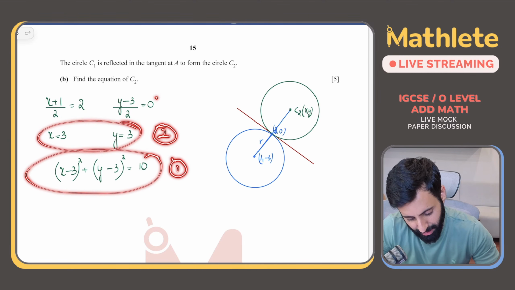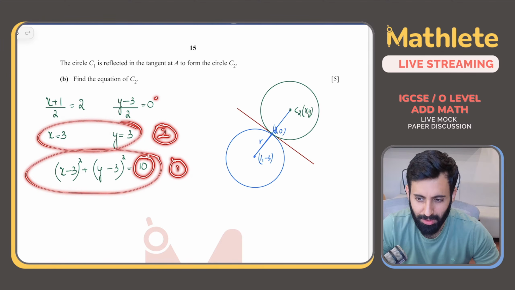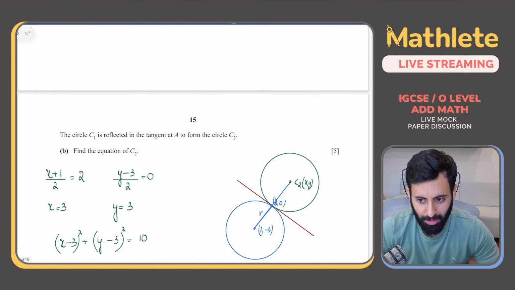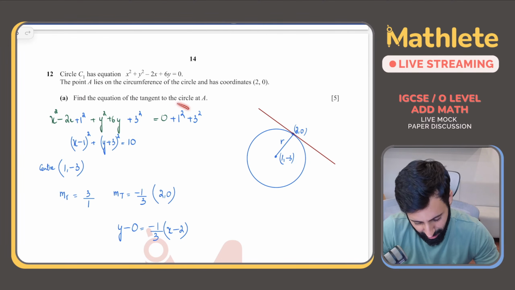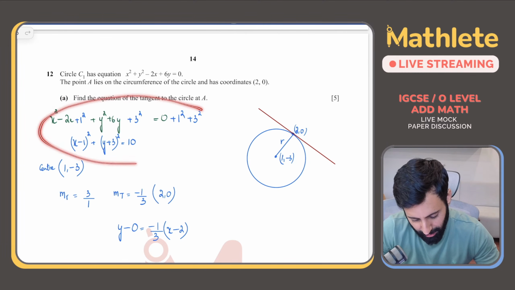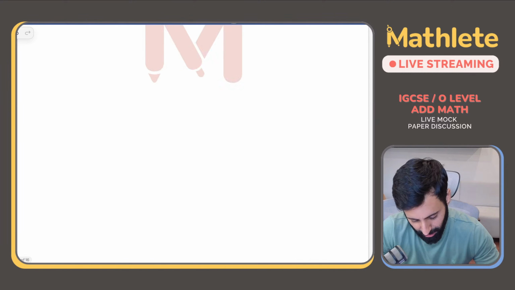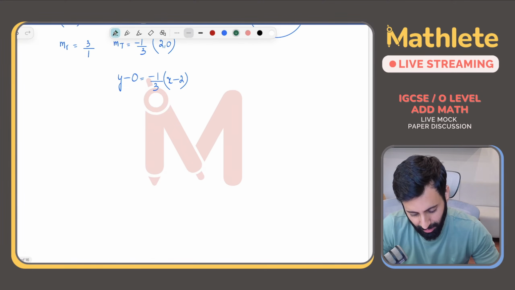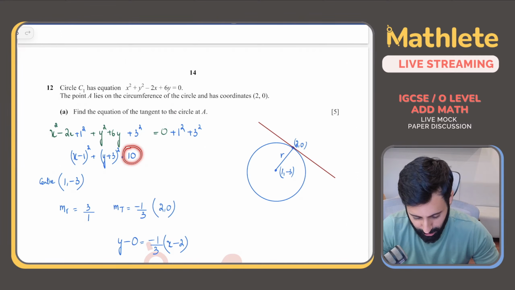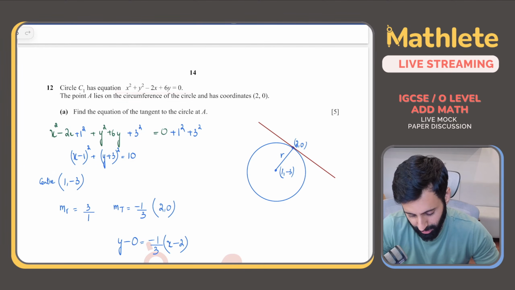And they have given 2 marks for the radius. The mark scheme says M1 for attempting to find the radius of C1 may be seen in part A, okay. Because we've already found the radius over here, we are using those marks. Now the examiner is expecting us to not find the radius over here, which you don't have to, you can directly find the coordinates of the center.